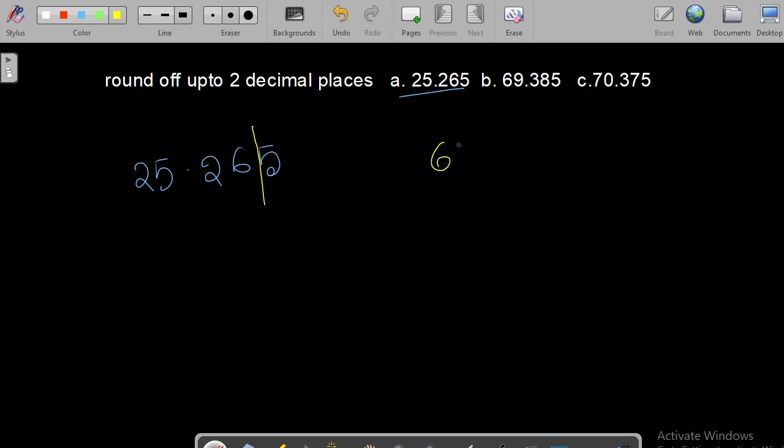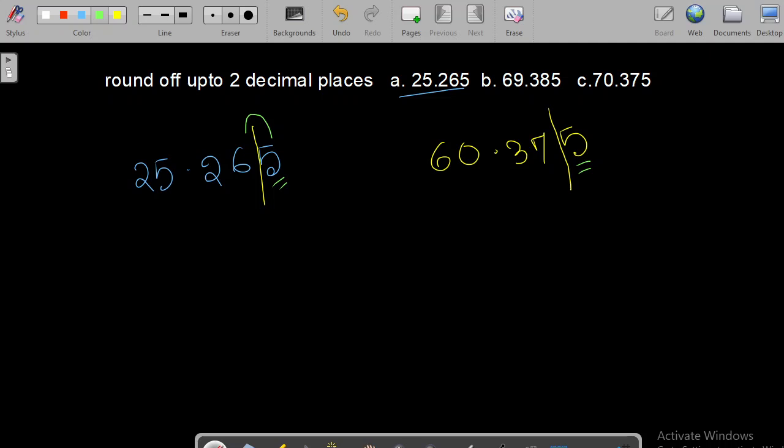If we have to draw a cutoff line after two decimal places, we see that there is 5 after the cutoff line in both the numbers. What do we do?